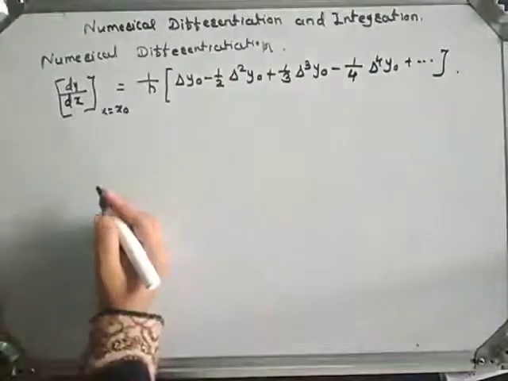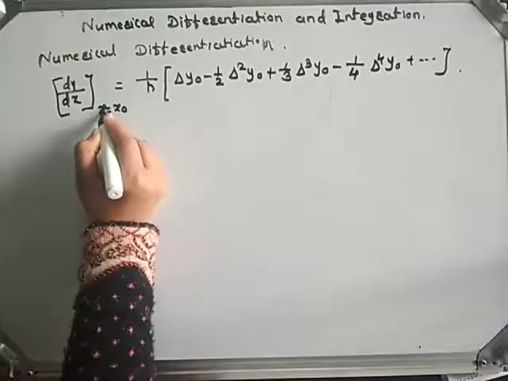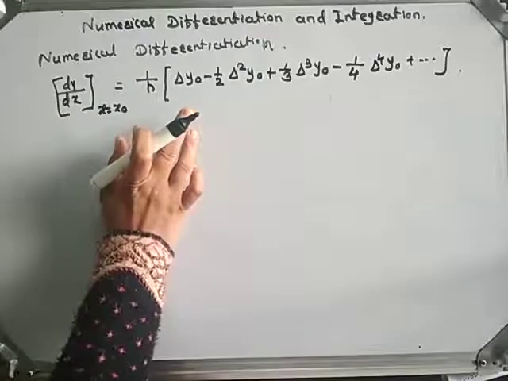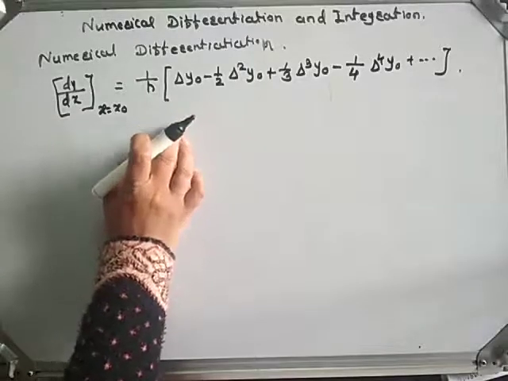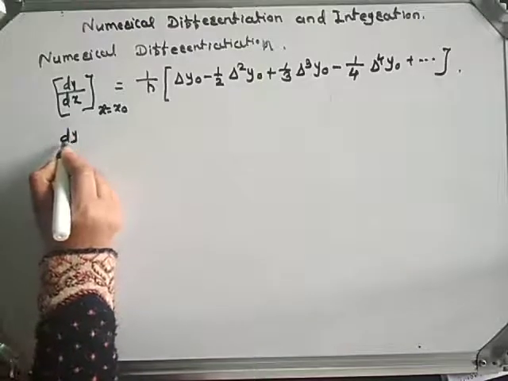Okay, this is the formula for numerical differentiation, and this formula is derived from Newton's forward difference formula.